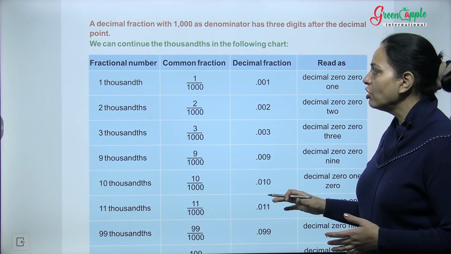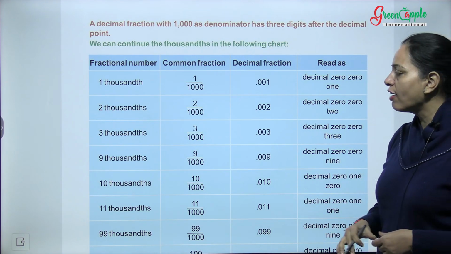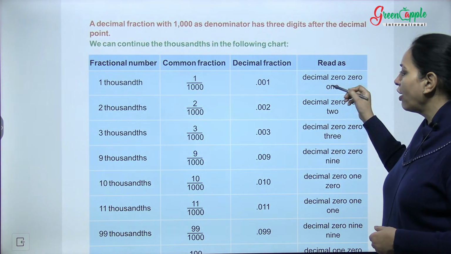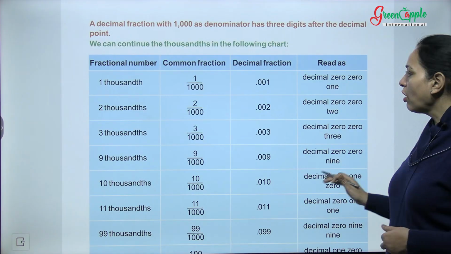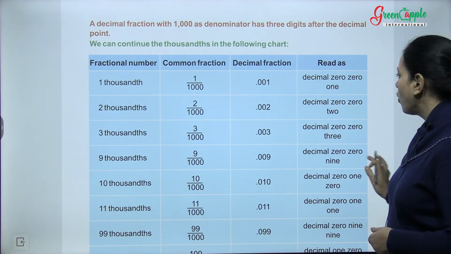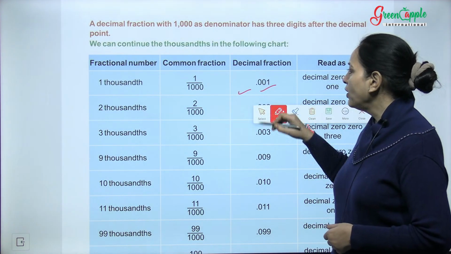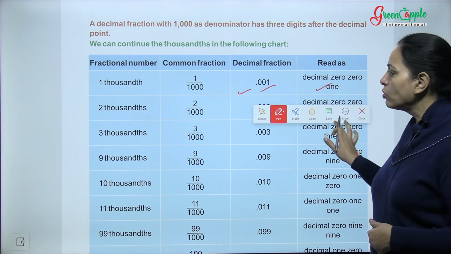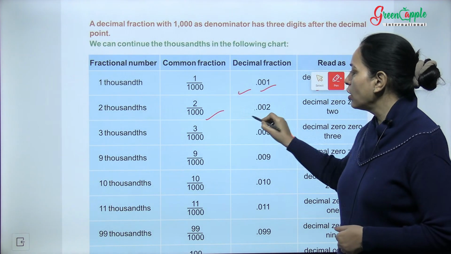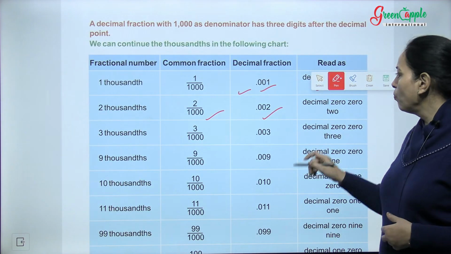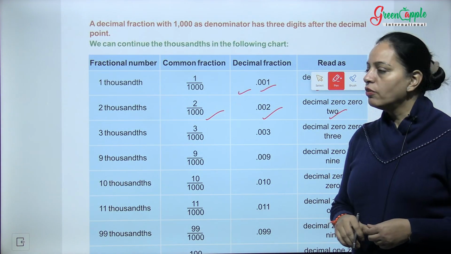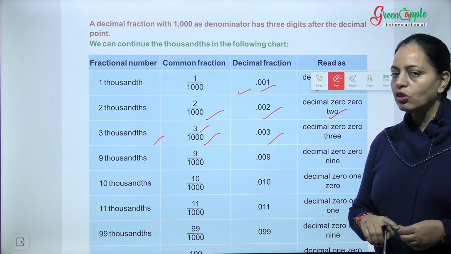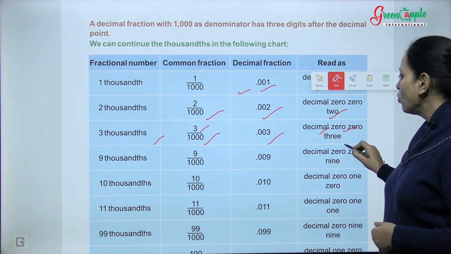So now we can continue the thousandths in the following chart, like fractional number, common fraction, decimal fraction, and how we can read it. So 1 thousandth means 1 upon 1000. So this is 0.001, decimal 001. 2 thousandths means 2 upon 1000, 0.002, decimal 002. 3 thousandths means 3 upon 1000, 0.003, decimal 003.